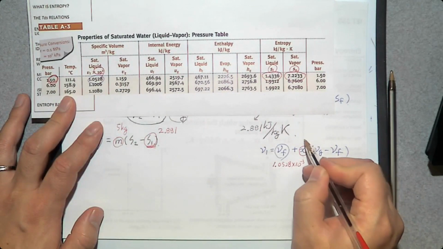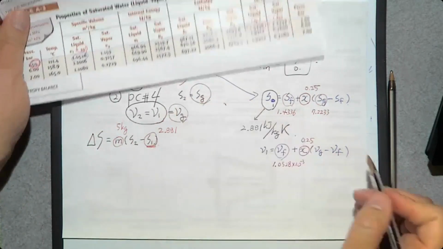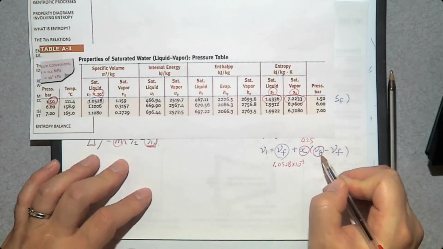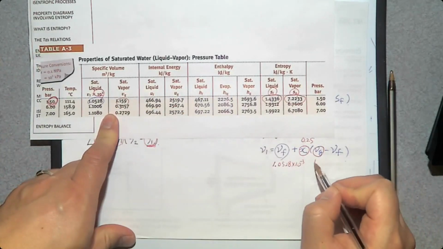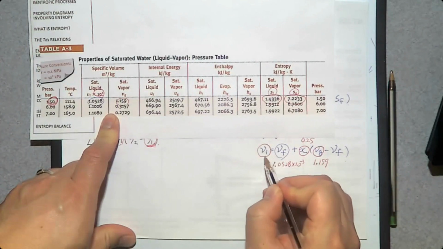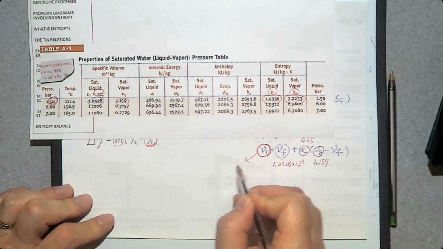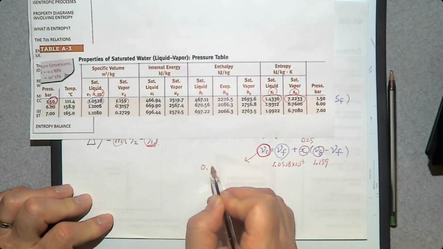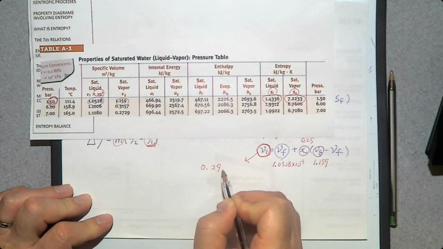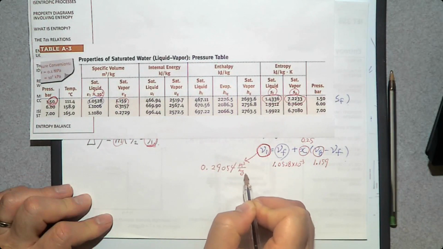Quality X is 0.25, right? And Vg is this one, 1.159. So can you determine V1? Yes, if you do the calculation, V1 is going to be 0.29054 cubic meters per kilogram.